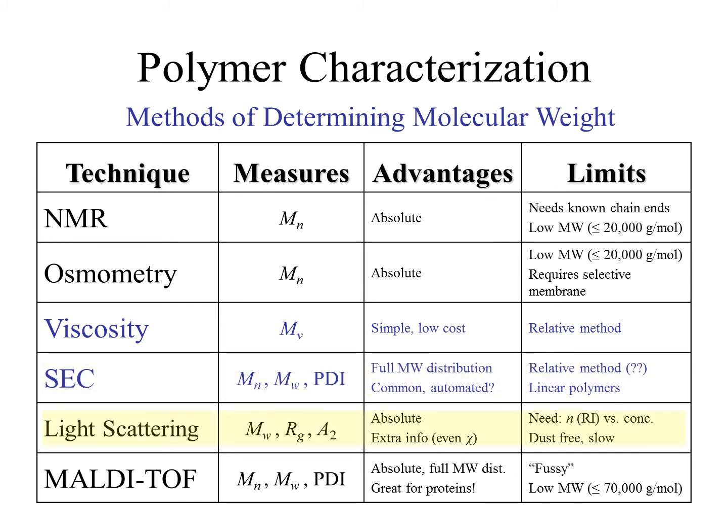The light scattering method for determining molecular weight is an entire textbook on its own. We won't be going over this technique any further because it is a relatively costly method which requires a lot of time and a really dust-free environment.